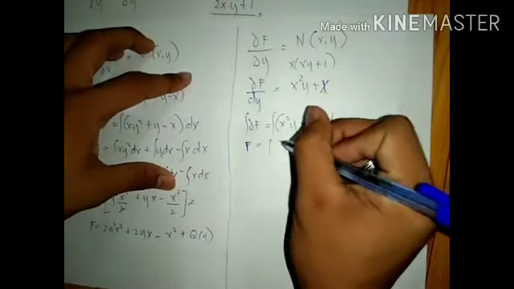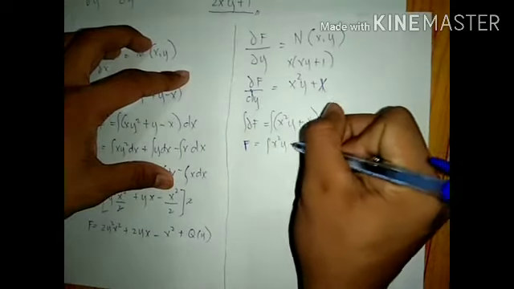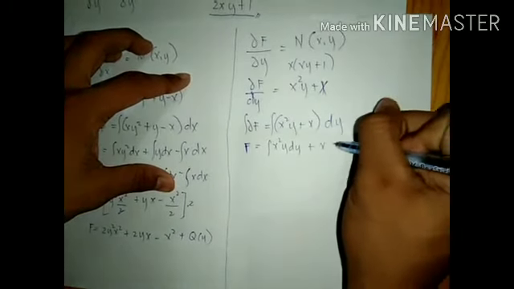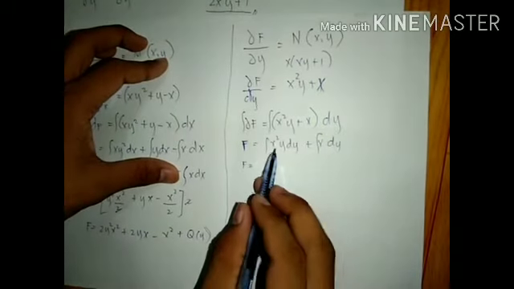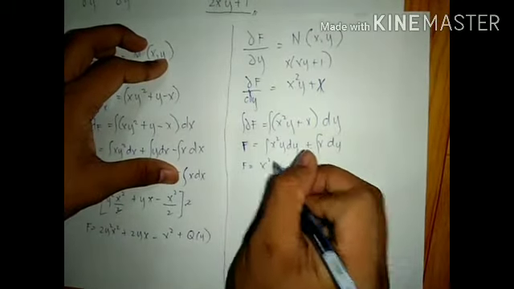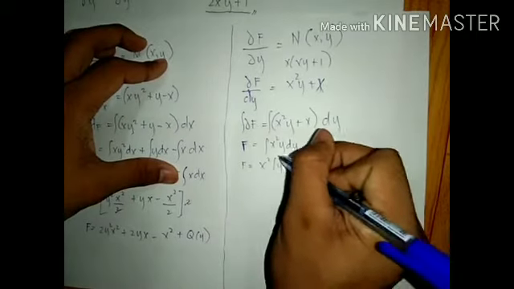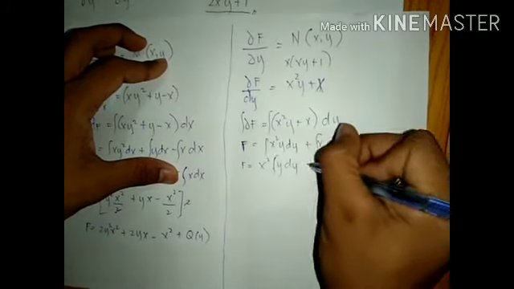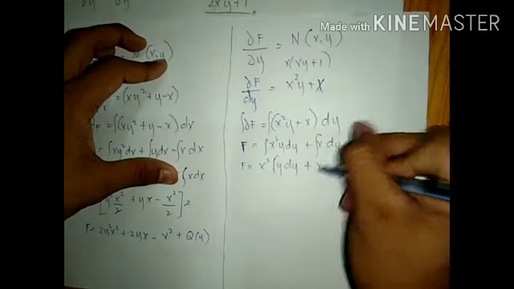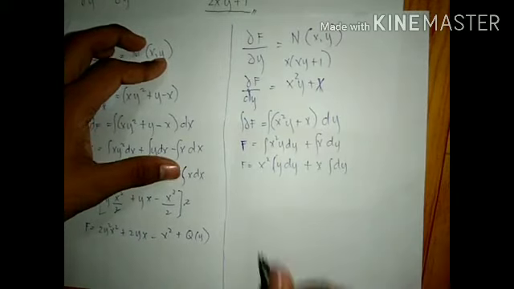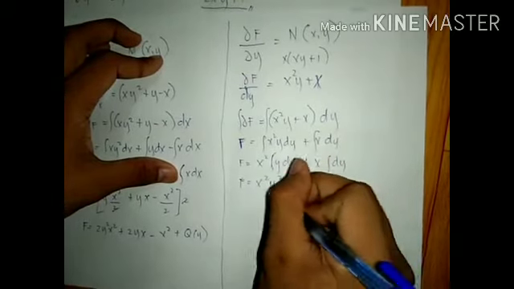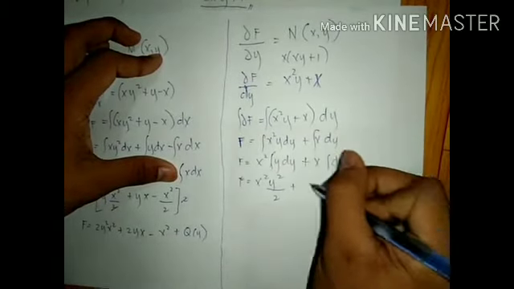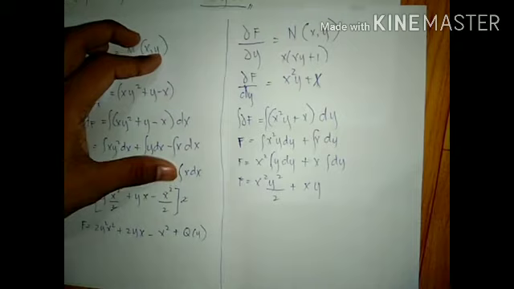So integral of x squared dy plus x dy. So f is equals to, x is constant so x squared comes out, what remains is y dy, plus a constant x dy. So f is equals to x squared y squared over 2 plus xy.